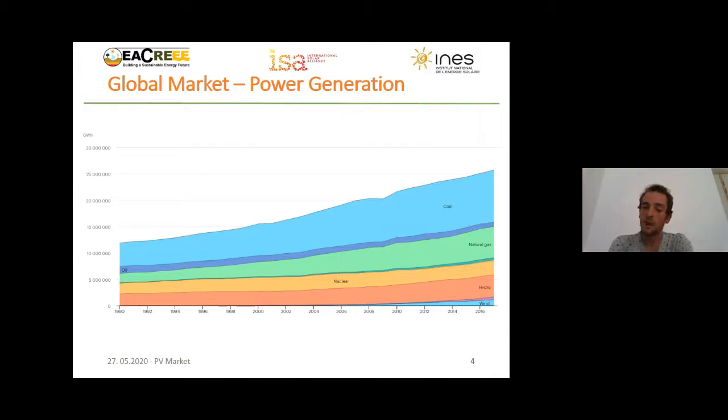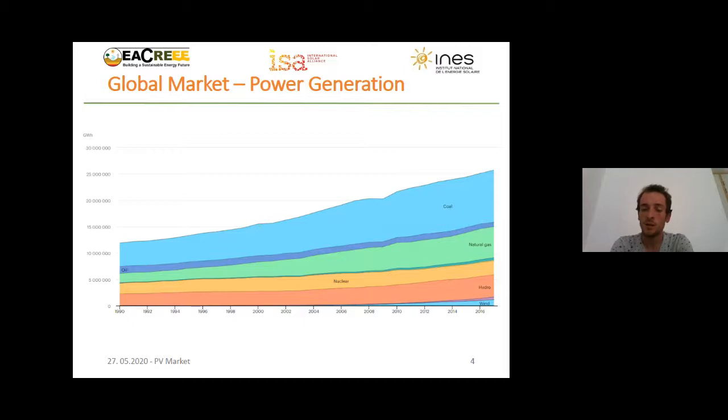Next, you have some other low carbon power generation systems, such as nuclear and hydropower. And you also have the tiny parts below, which are wind energy in blue, and solar electricity production in purple.